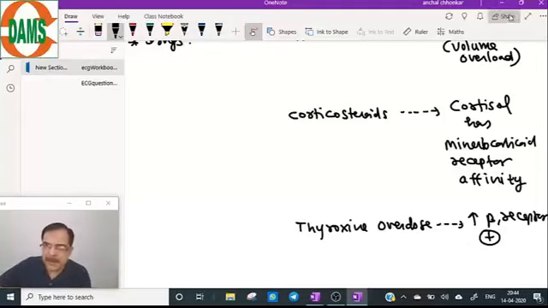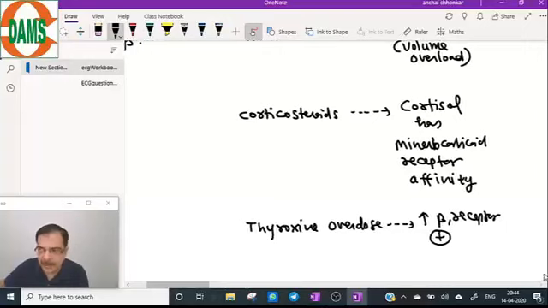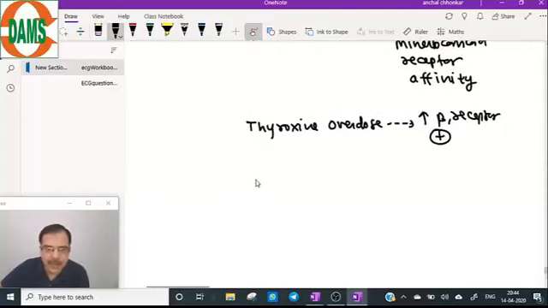Less common but important, and this is a drug of abuse which can cause high blood pressure, and that drug is cocaine use.